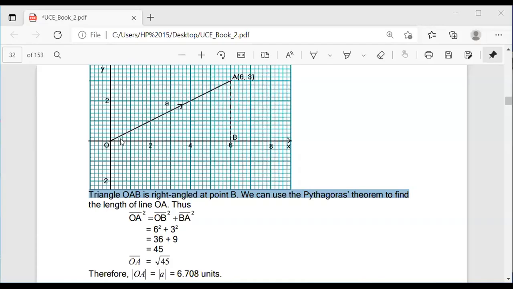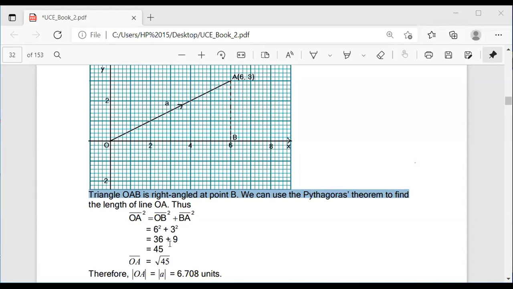So how do we get OA? To get OA, we use Pythagoras theorem and we shall have OB squared plus BA squared. Let me use this same image because I don't have a square paper drawn here. You can see that OB is 6 units and BA is 3 units.